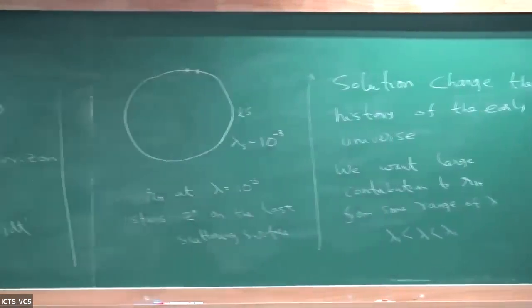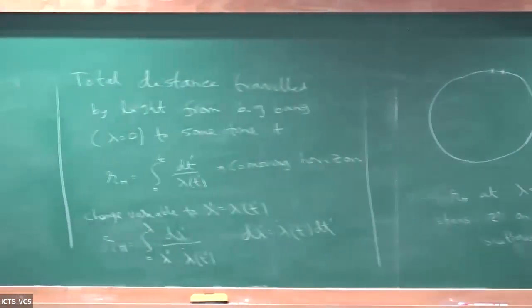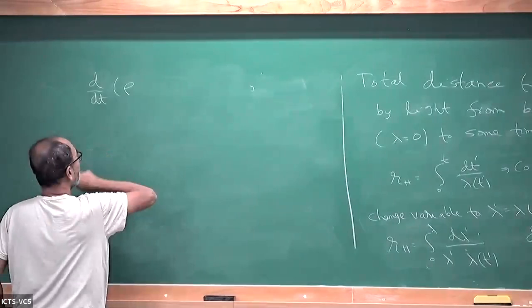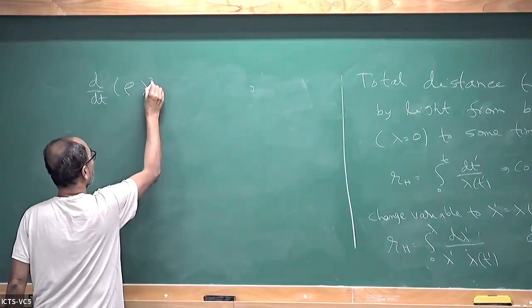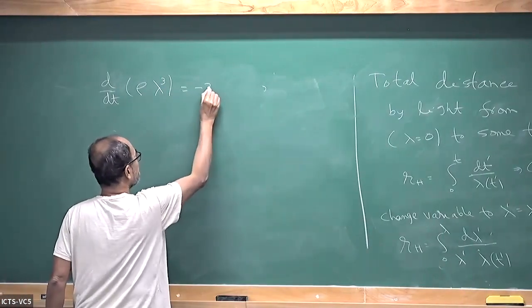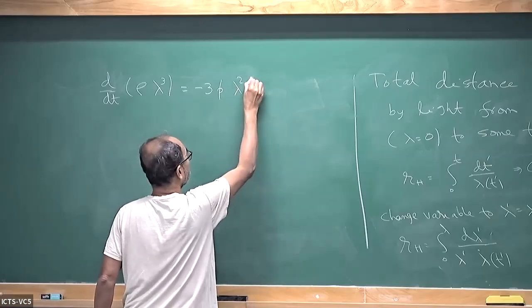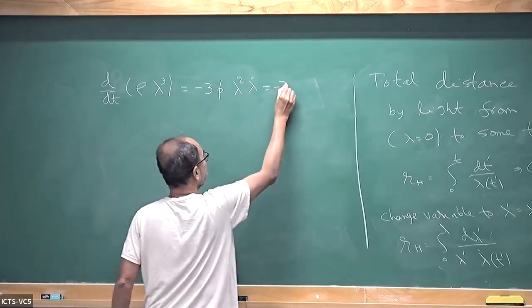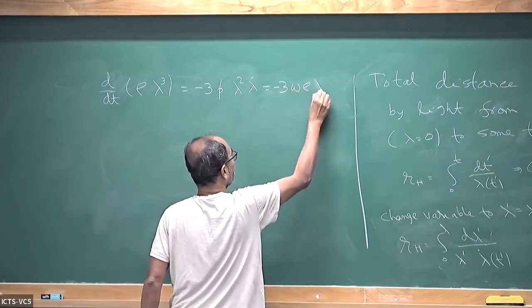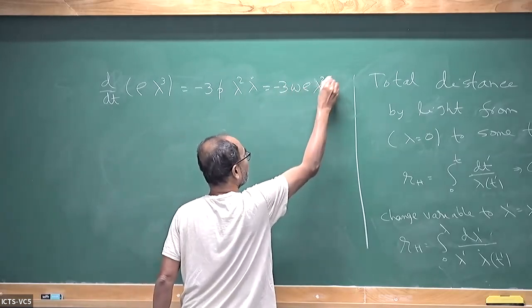So during this time we have d/dt of rho lambda cube equal to -3p lambda square lambda dot, right? So this gives you -3w rho lambda square lambda dot.